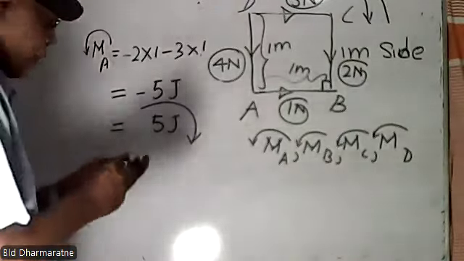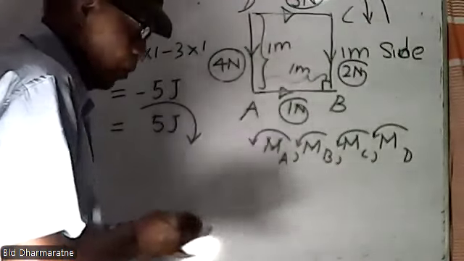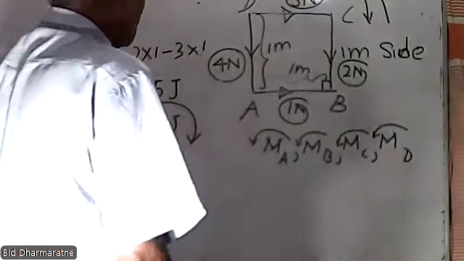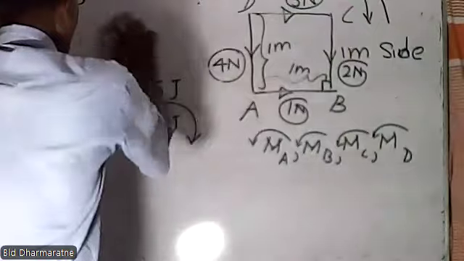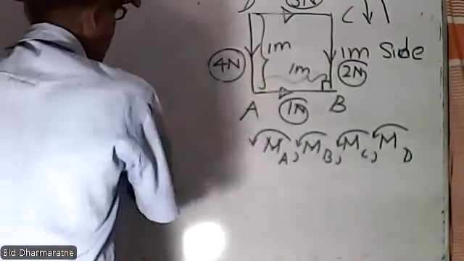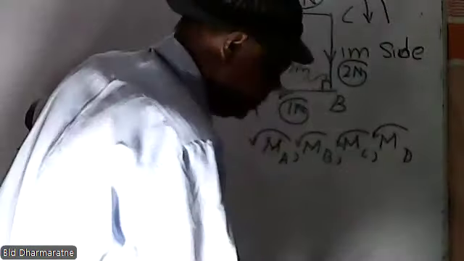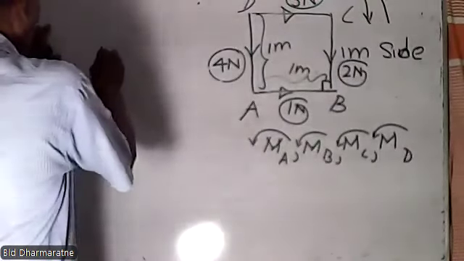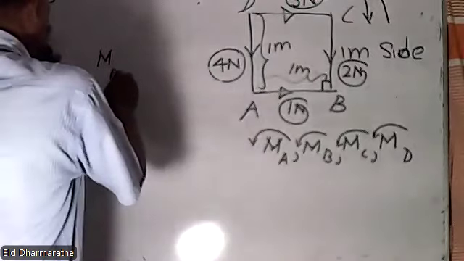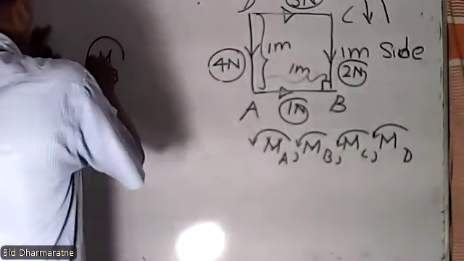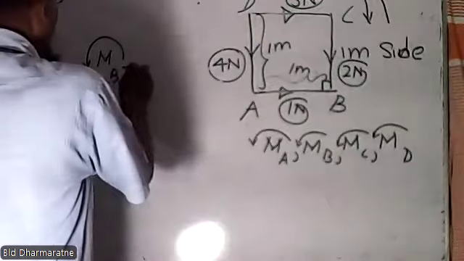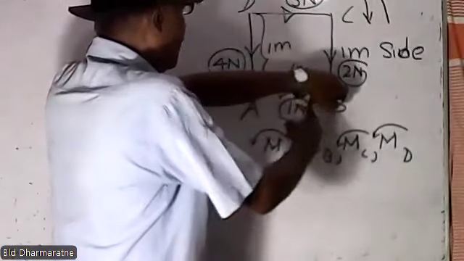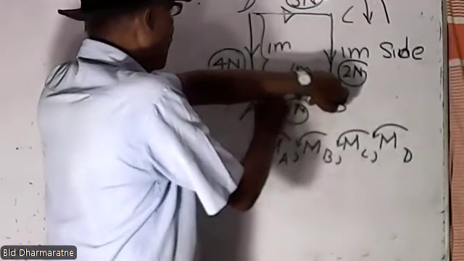Now we take the moment about B in the anti-clockwise direction. How do we get MB? This is also easy. B is the fixed point. From B to this force, the perpendicular is 1 meter.